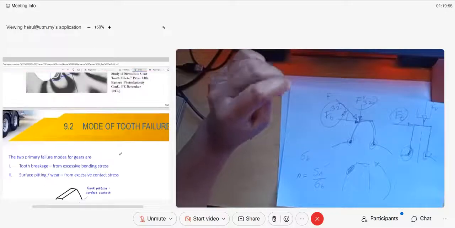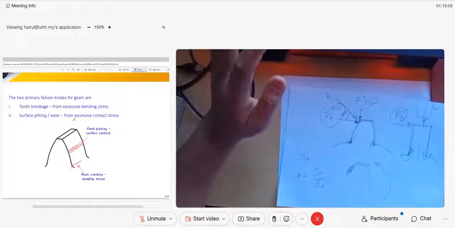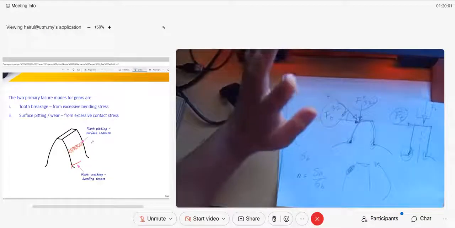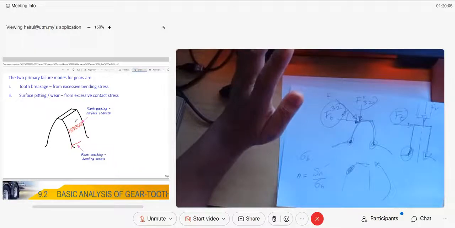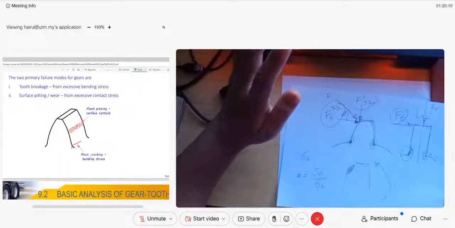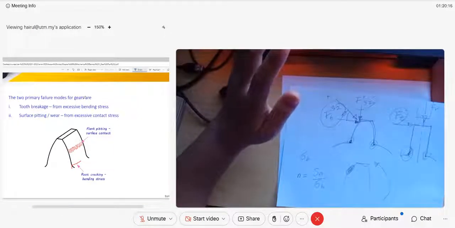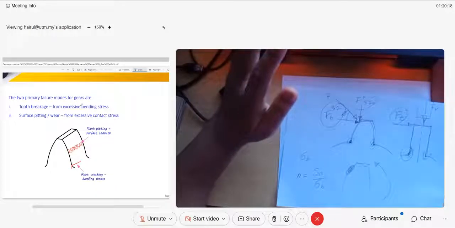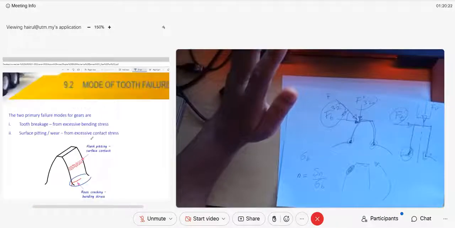As I mentioned just now, there are two types of failure causing failure of the gear tooth, on the right surface of your gear tooth. The same applies on the left. One is breakage. The two primary failure modes of a gear tooth are tooth breakage from excessive bending stress, at the bottom, in this zone.